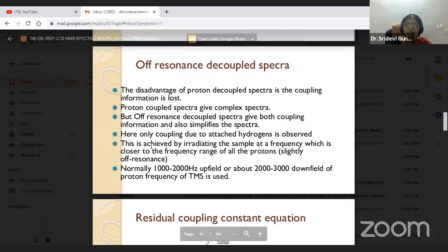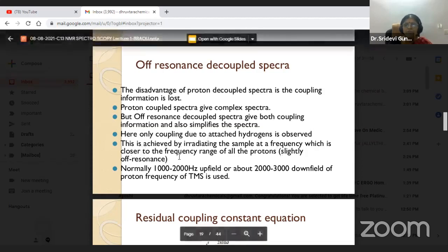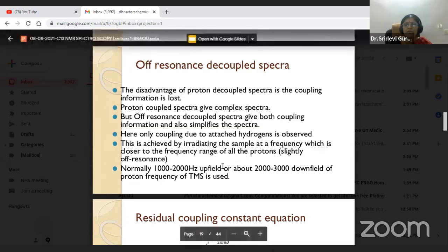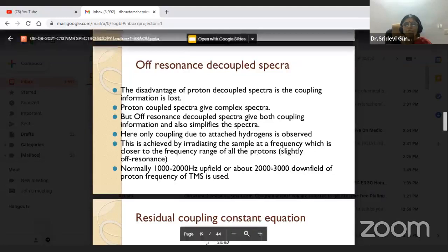Here also we are doing some decoupling, but the frequency with which we are decoupling does not fall completely in the proton frequency range. It is slightly off resonance. Slightly off resonance means not completely in the proton range, slightly upfield. See, 1000 to 2000 hertz upfield from TMS, or 2000 to 3000 downfield of proton frequency.